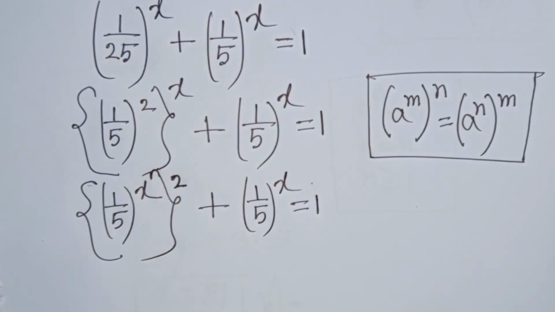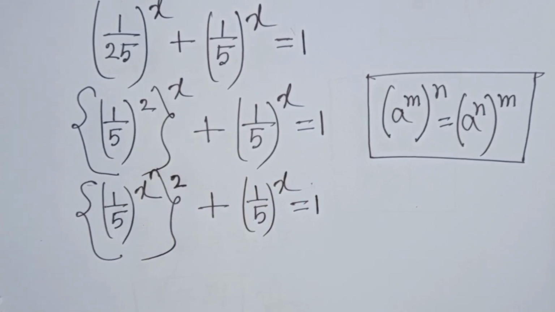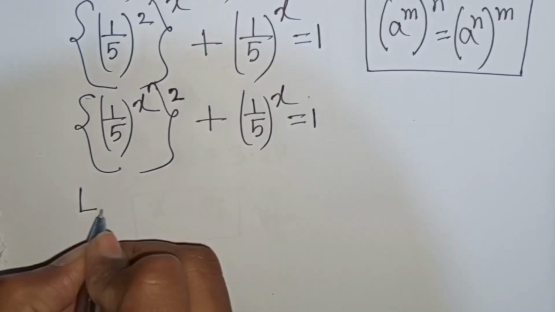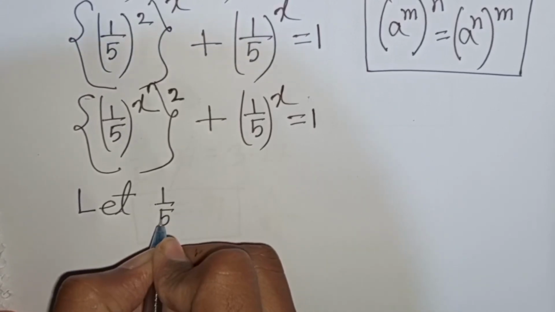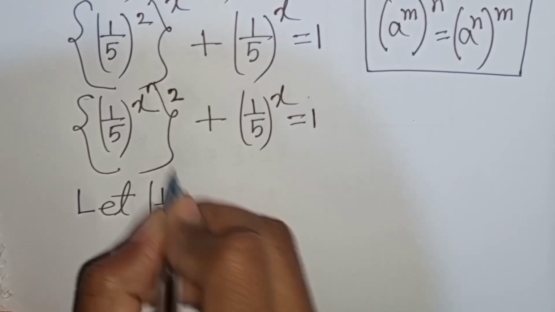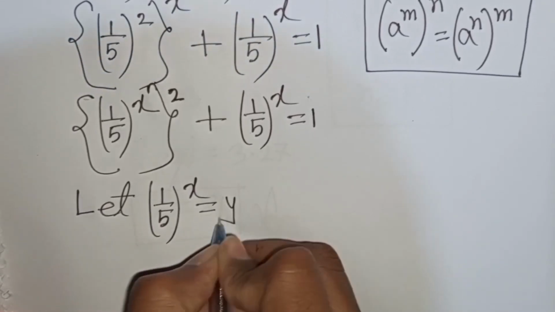Now we see 1 by 5 bracket power x, 1 by 5 bracket power x, both terms are the same. So let 1 by 5 bracket power x be substituted by y.